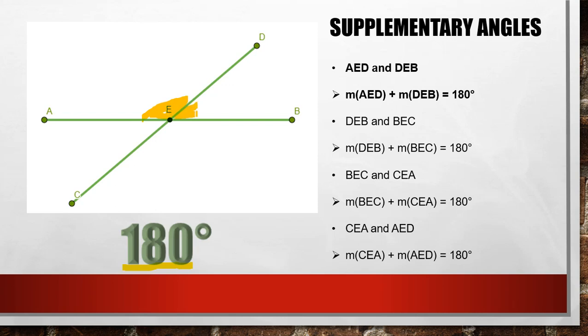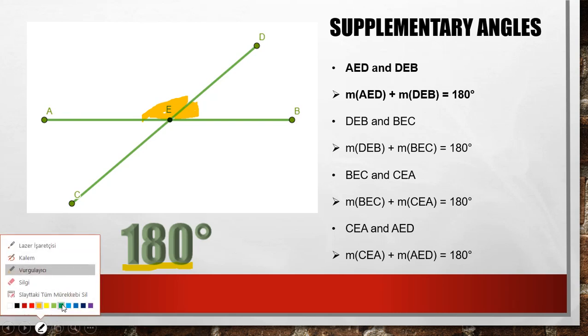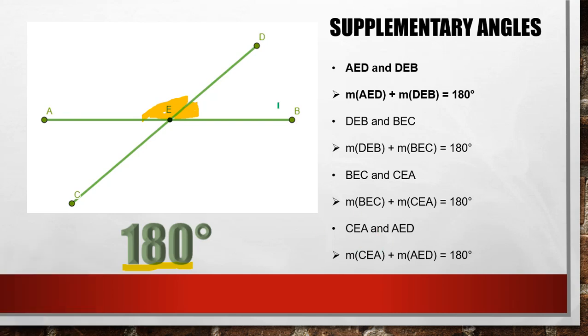These two angles are supplementary angles because you can see that AB is a line. Okay, here is 180 degrees. Let's show one more. For example, CEA and AED. These two are also supplementary angles.